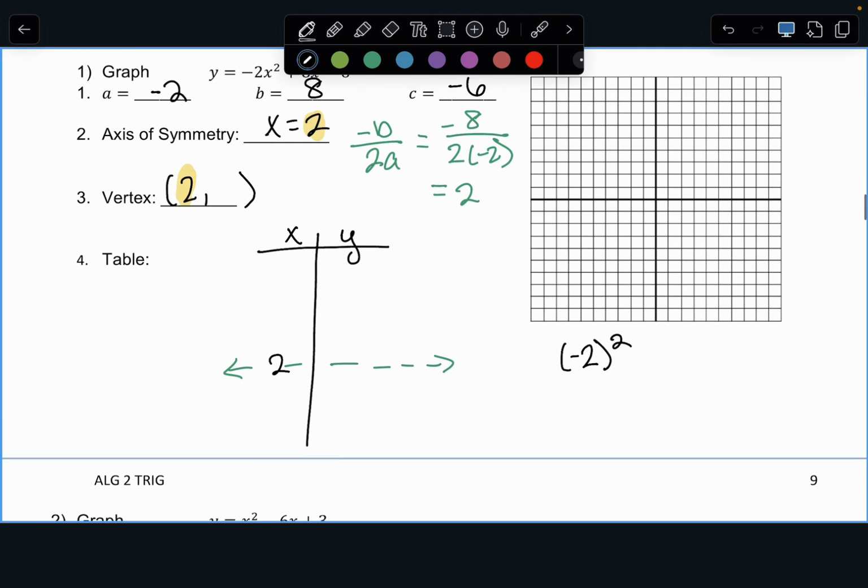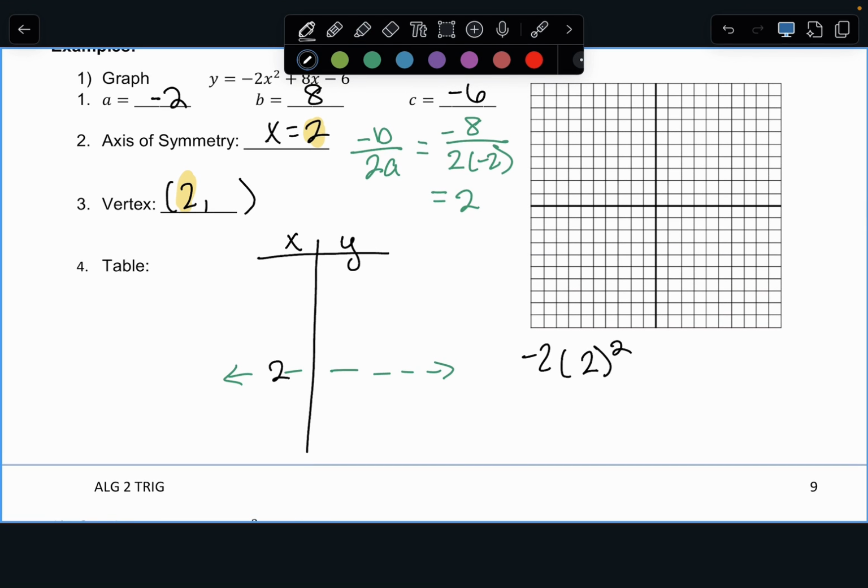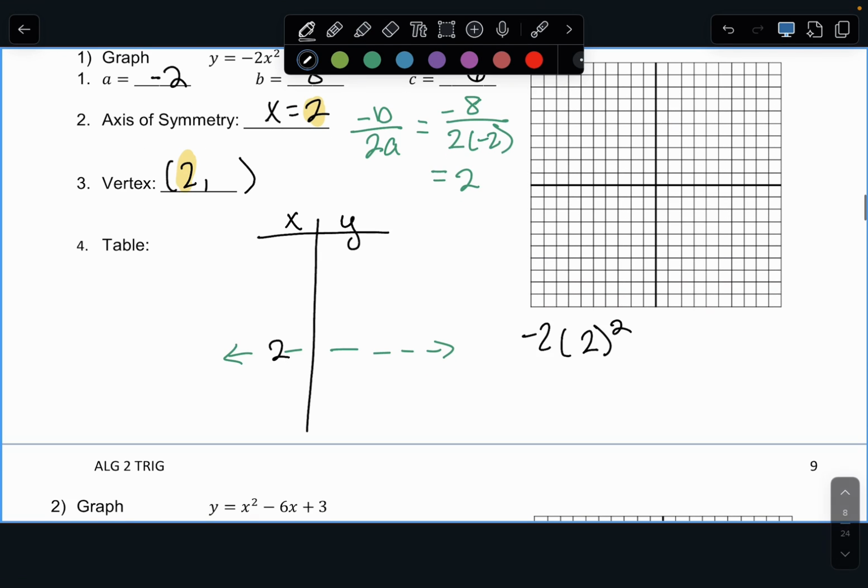If we plug in positive 2 to our function: negative 2 times 2 squared plus 8 times 2 minus 6. You can totally just plug this straight into the calculator. I've seen many people today plug it in incorrectly, and they could not get the right number because our calculator skills are struggling a little bit.